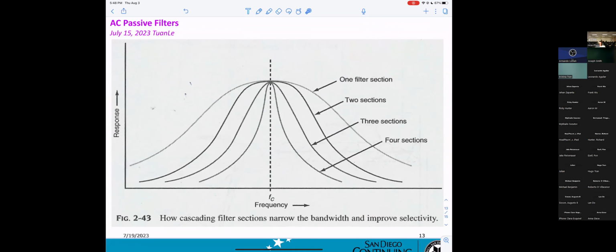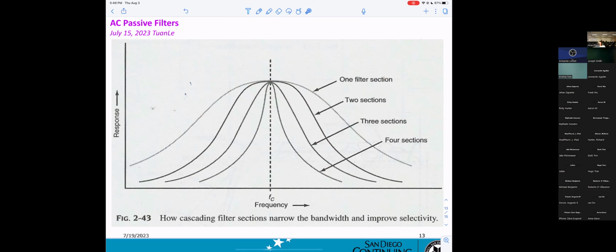You can see the cascading filter sections narrow the bandwidth and improve selectivity. There can be low pass filters of different types. The first one here has 4 sections, 4 poles. The next one has 3, then 2, then 1.